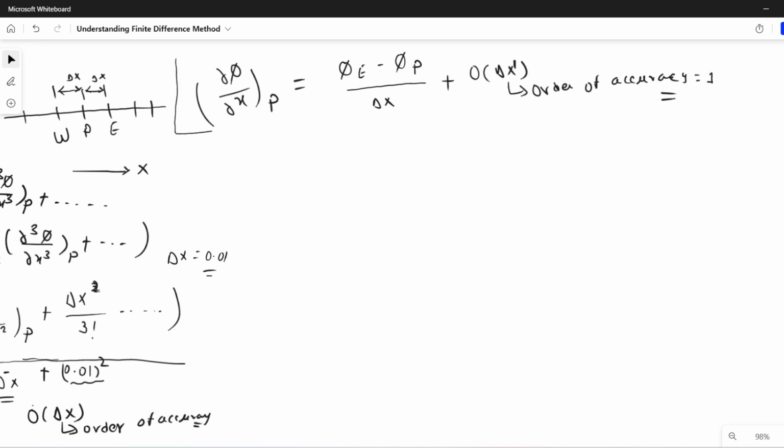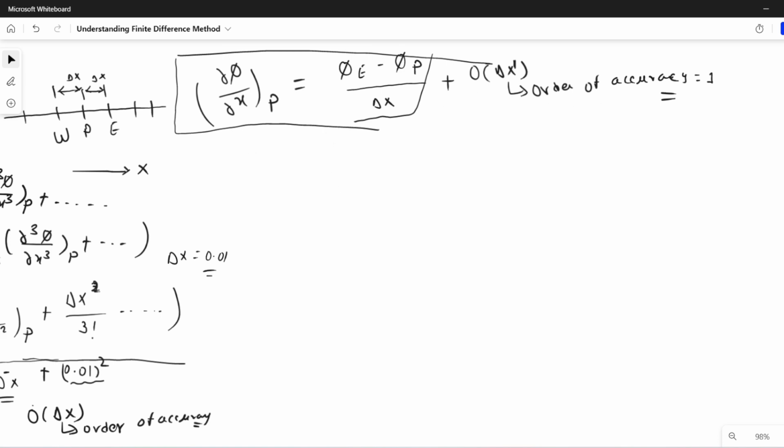So we have found out the term ∂φ/∂x at point P in terms of φE, φP and Δx, and this is of order of accuracy 1.